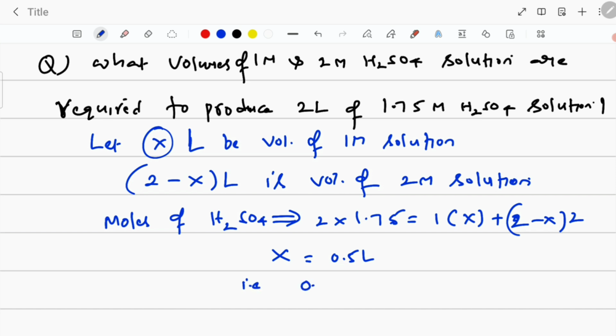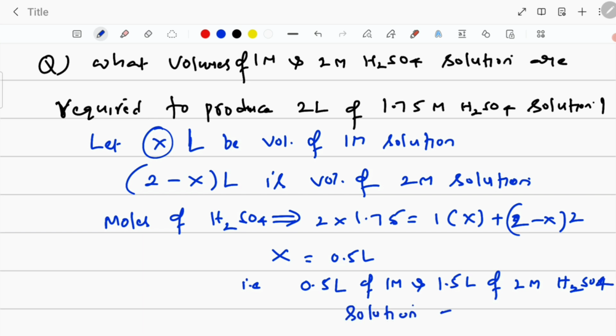That is 1 molar H2SO4 solution. Then out of 2 liters, 0.5 is 1 molar, the remaining 1.5 liters is 2 molar H2SO4 solution. So both are required in the given proportionate amounts: 0.5 liters of 1 molar, 1.5 liters of 2 molar H2SO4 solution.